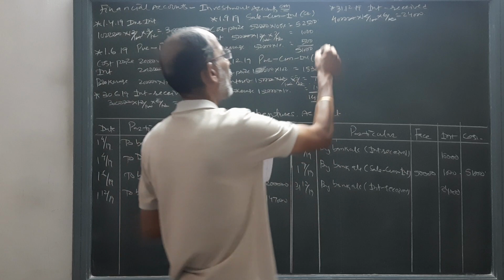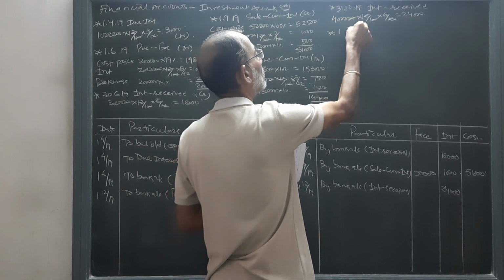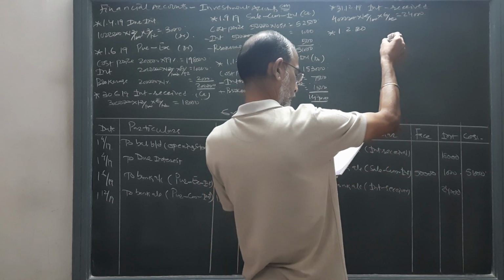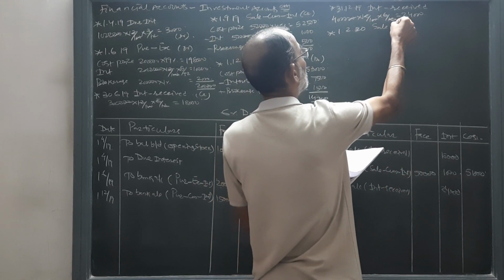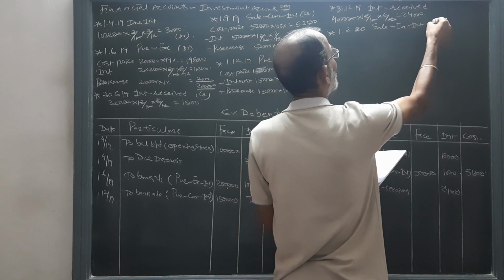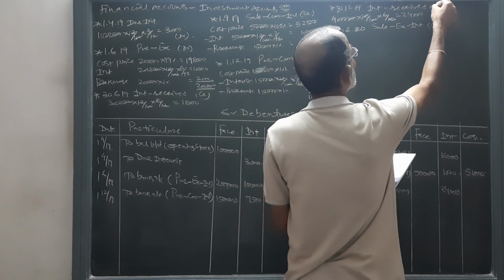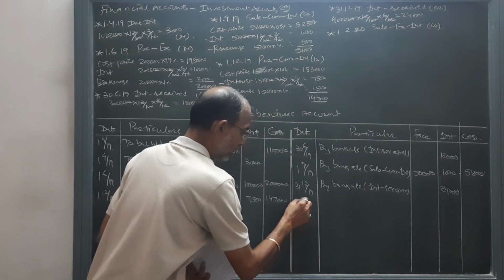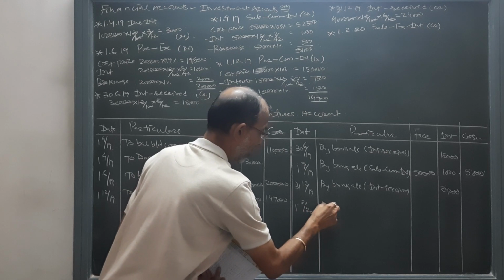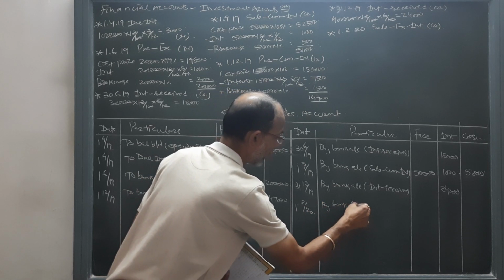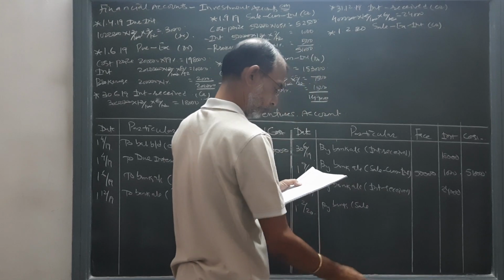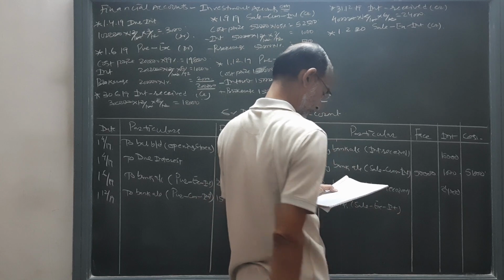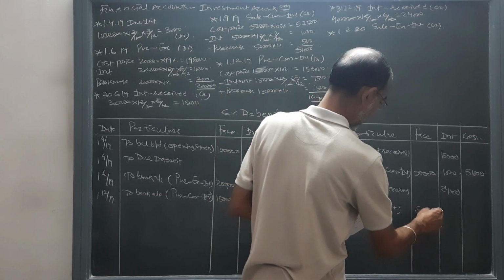On 1/2/20 sale ex interest will be written on credit side. This also was written on credit side. So 1/2/20 by bank, sale ex interest 80,000.